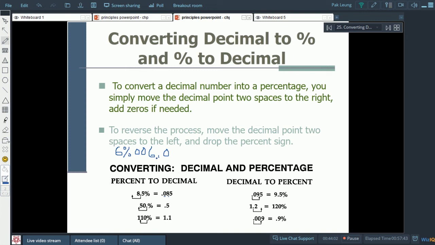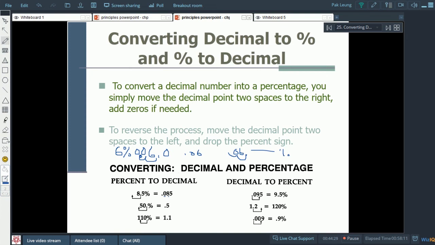Now what if I tell you 6%? So 6.0, right? You move it once, twice. So your point is here, and your answer is 0.06 for 6%.